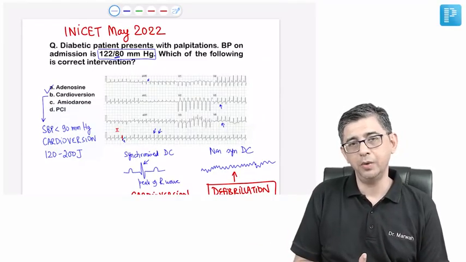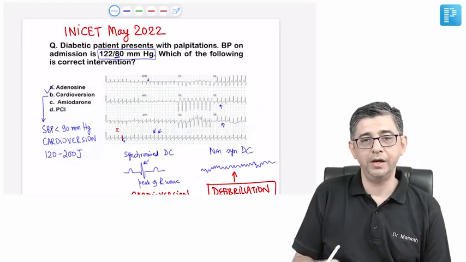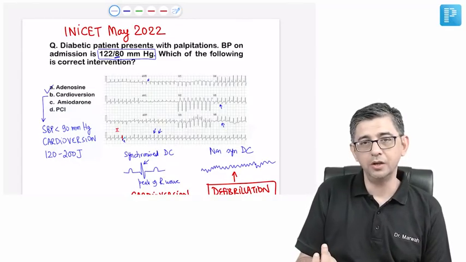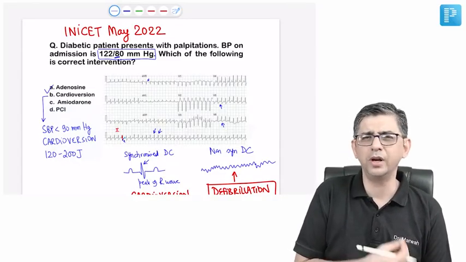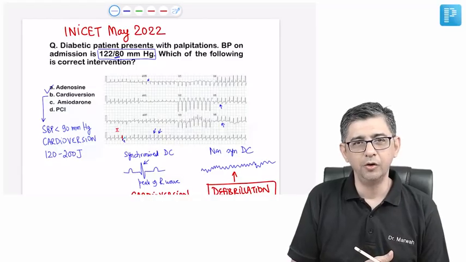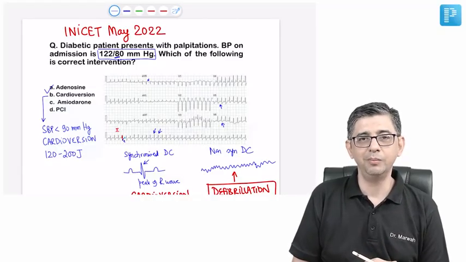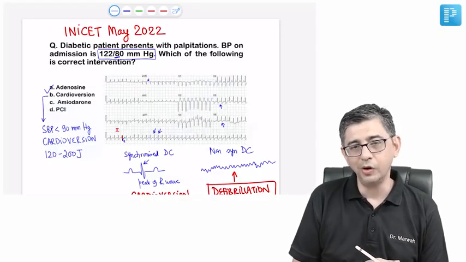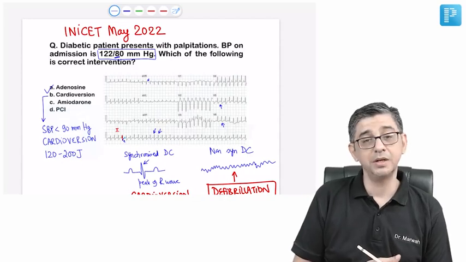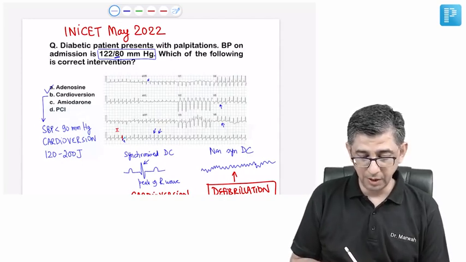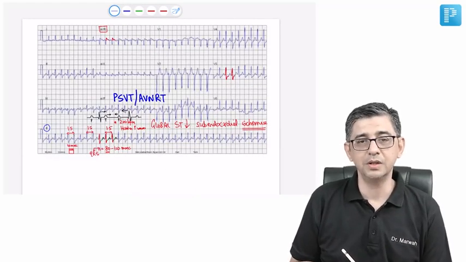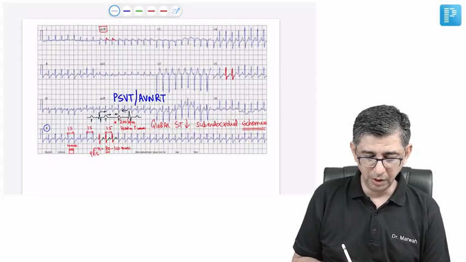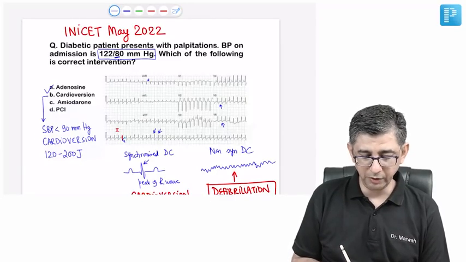The description will remain more or less the same. It is just that the BP values keep on changing in the question. Sometimes it is an outrageously low value, like 70 by 50. Sometimes it's literally not possible to get such low values recorded. In those circumstances, the answer would be cardioversion. And thankfully, because this has been discussed multiple times, I think this would be relatively easier for everybody to answer.